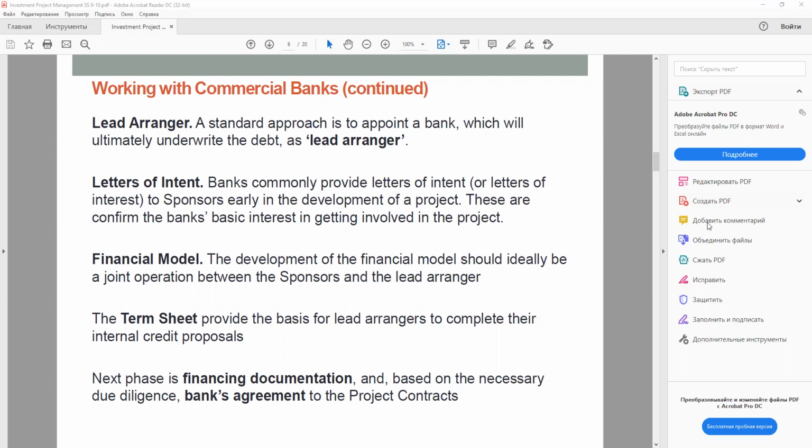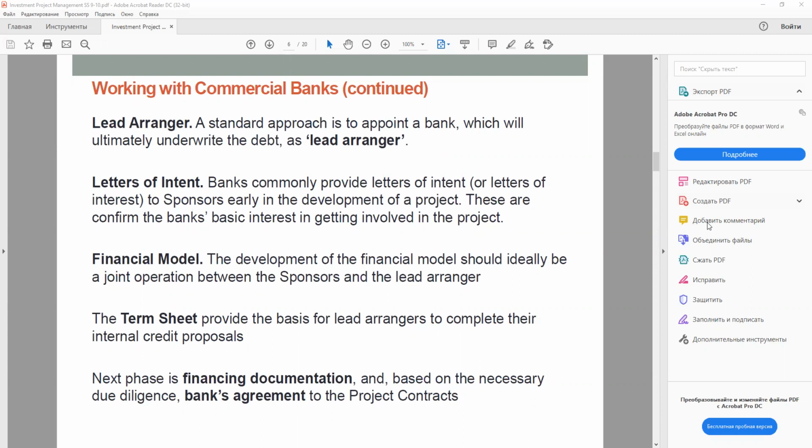The next phase in a financing is the negotiation of financing documentation and, based on the necessary due diligence, securing the banks' agreement to the project contracts which provide security. It is quite likely that as a result of these detailed negotiations, changes in the lending terms or risk profile may arise, which will again require credit approval.